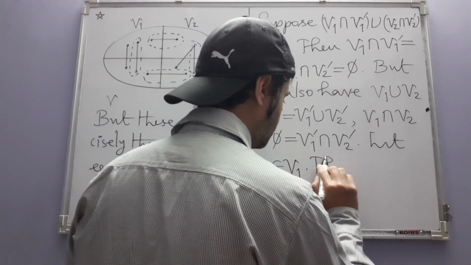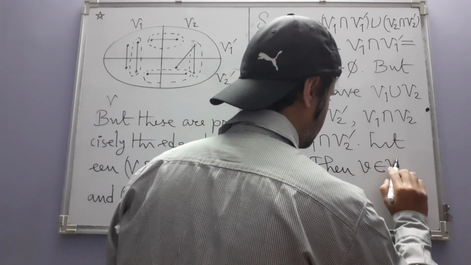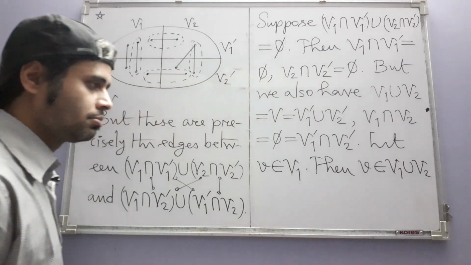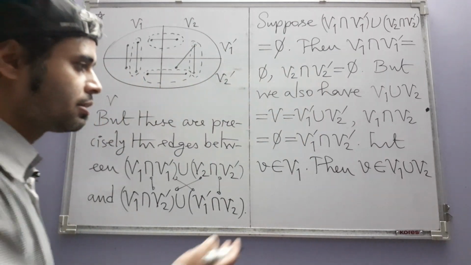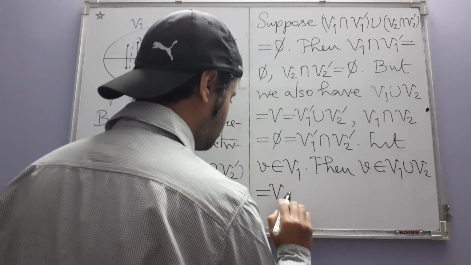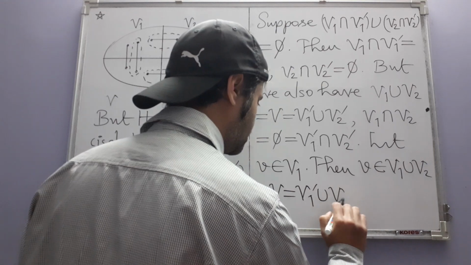Then v belongs to V1 union V2. Naturally, if it is in V1, then it will be in the union. But that is equal to V1 prime union V2 prime.